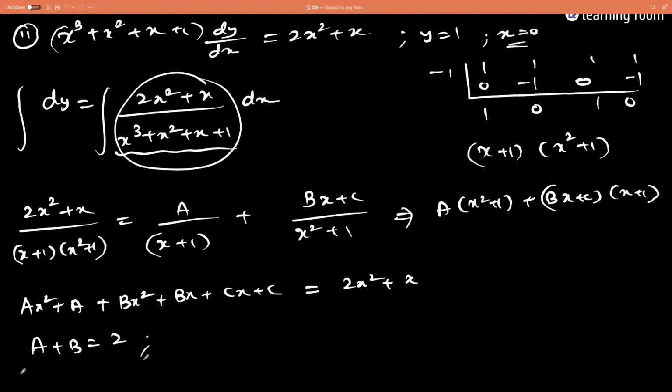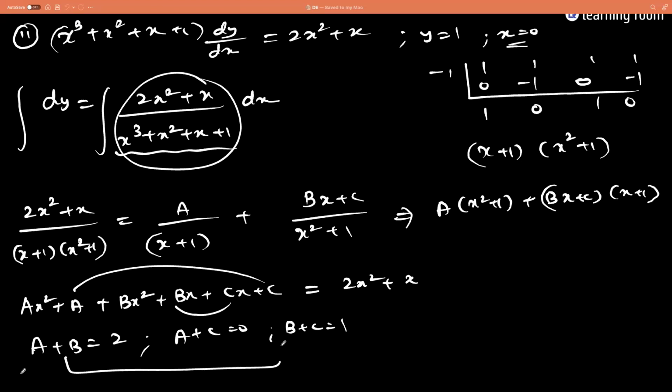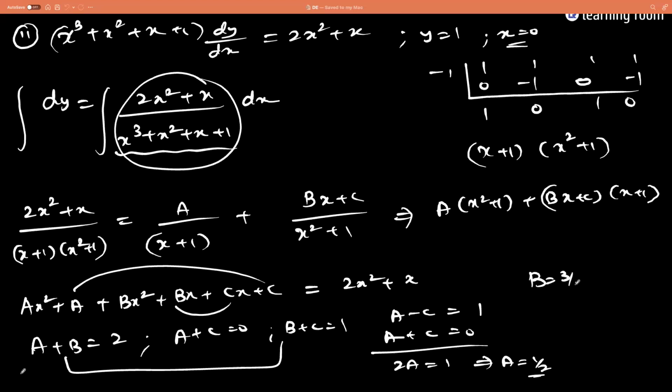So A plus B is 2, A plus C is 0, and B plus C is 1. So on solving these two, we'll get A minus C is equal to 1, and A plus C is already 0. So 2A will be 1, which implies A is half. So A is half, B is 3 by 2, C will be minus half.